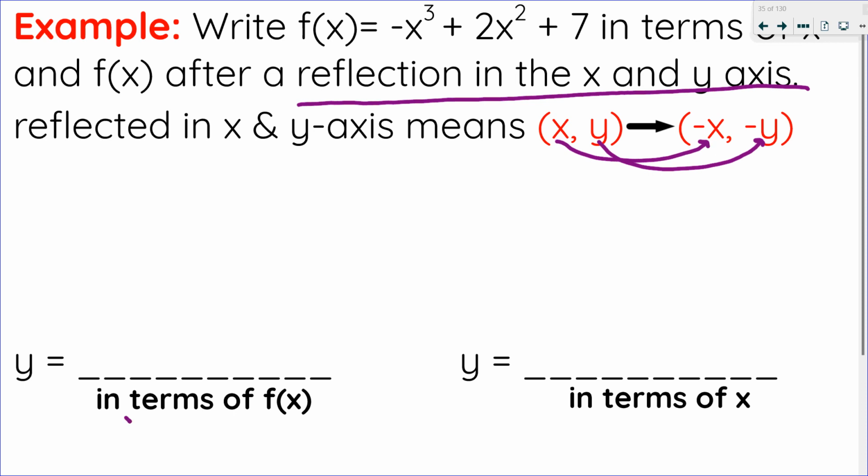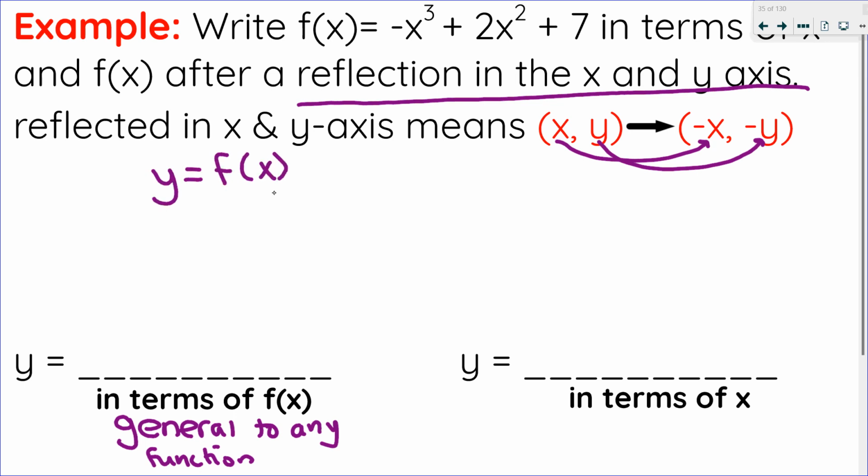Now, when I want to write it in terms of f of x, this is general to any function. So if I start with any function f of x, to reflect in both, I replace y with negative y and x with negative x.